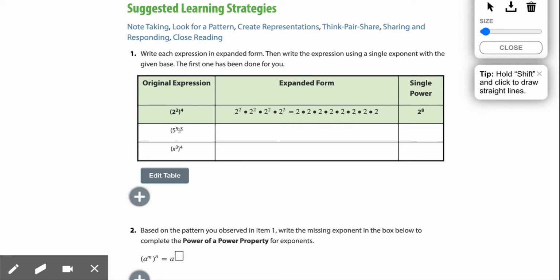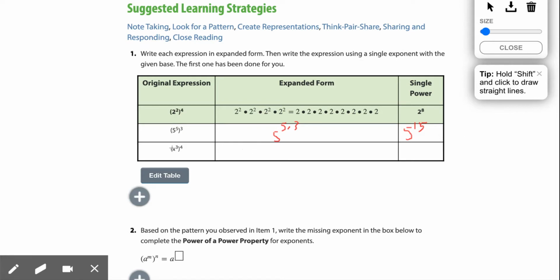So this one, 5 to the 5 times 3 would be 5 to the 15th. Remember, because you have 3 sets of 5 5s, it's going to be 15.